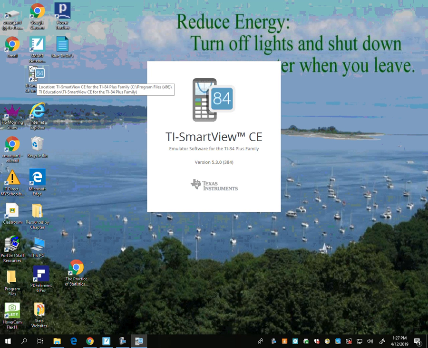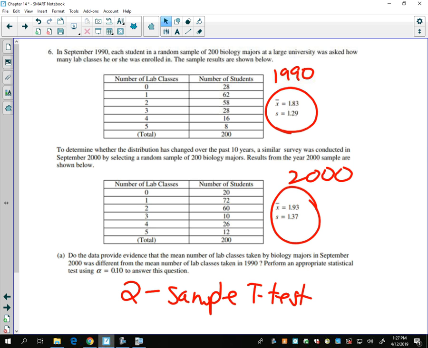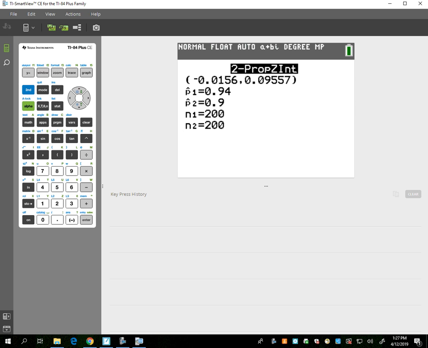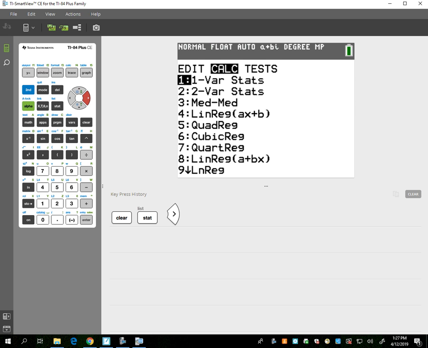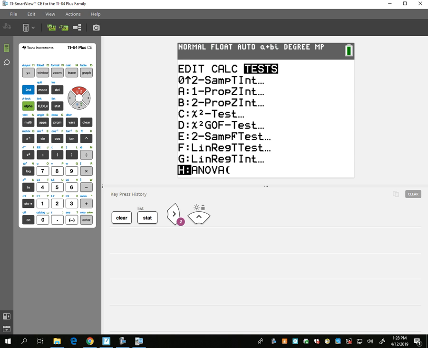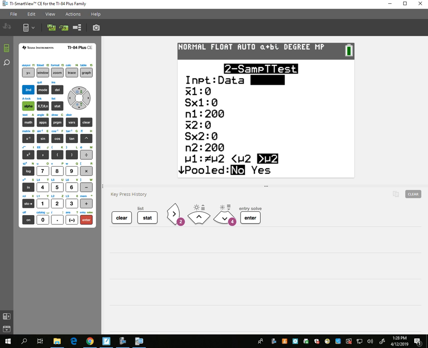So my calculator is just coming up right now. You're going to want to go to stats. There's my calculator. Okay. Clear this out. Stats, test, 2-sample t-test. Where is that? Did I miss it? Oh, there it is. 2-sample t-test.